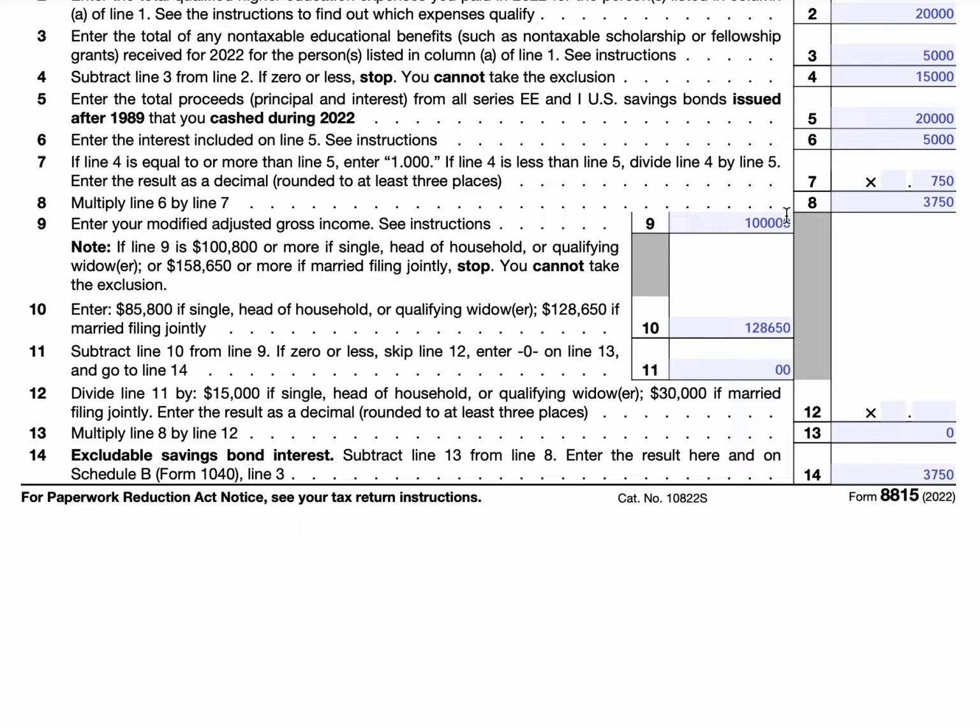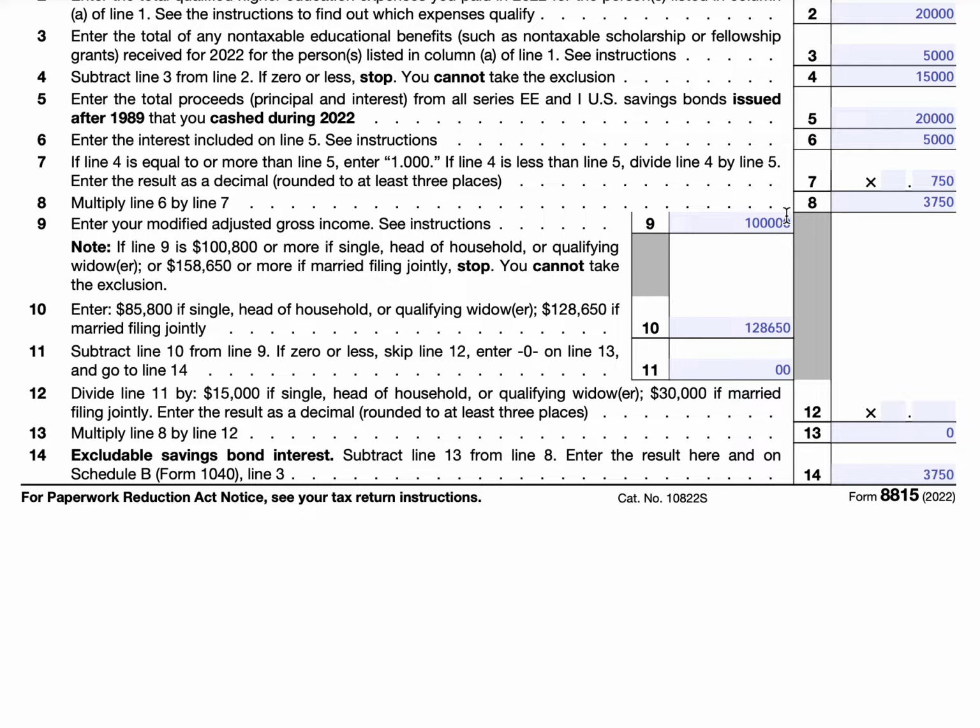So the IRS throws around the term modified adjusted gross income pretty loosely. If you happen to be familiar with Social Security and IRMAA, which is the income-related monthly adjustment amount, the income-driven Medicare premiums, there's a modified adjusted gross income amount related to those, and this is completely different.